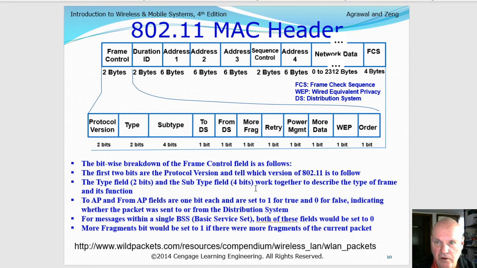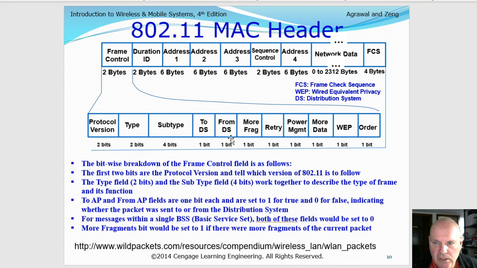Okay, and then here's some additional detail on that 802.11 MAC header. This was on the previous slide, where the header stopped right here, and then we had all the network data. This is showing a bit more information about the two bytes that make up the leading part of the header, the frame control. It indicates the actual protocol version that's being supported, and the type of frame to describe its payload.